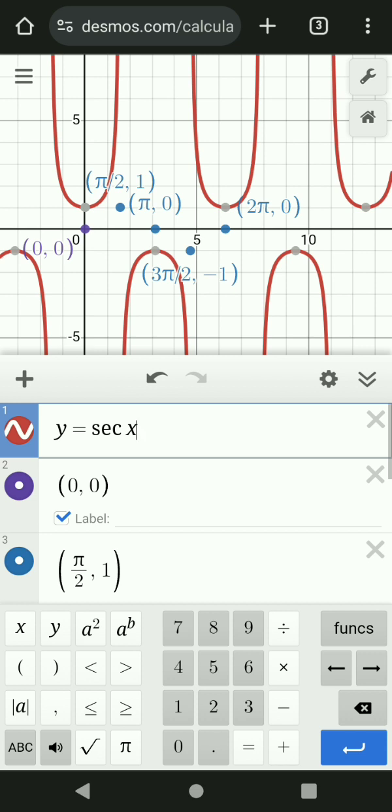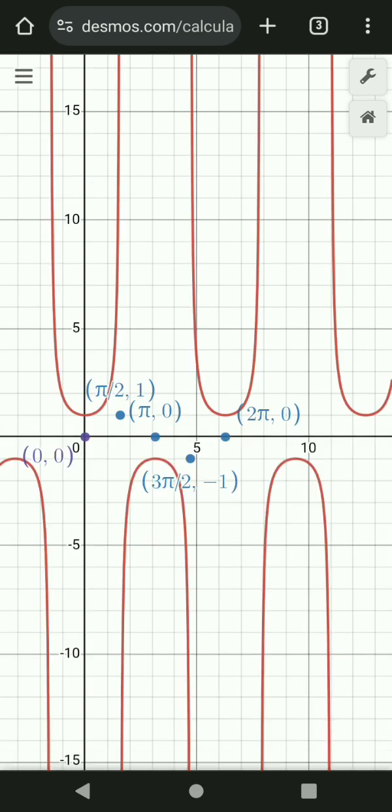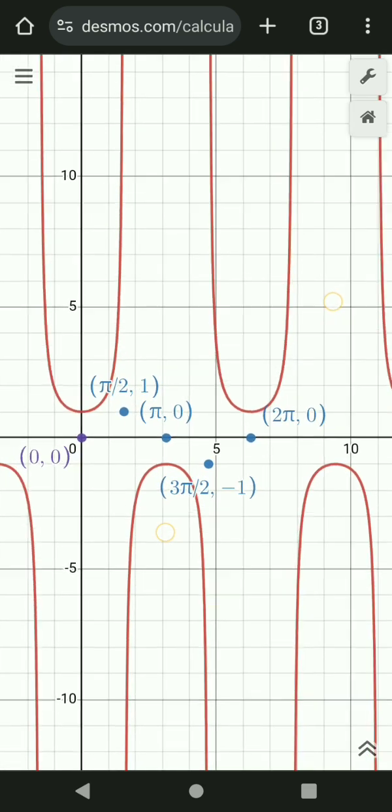The idea is the same as the CSC, the cosecant, it's just the reciprocal, 1 over cosine, and that is the secant. So this is what the secant graph looks like.